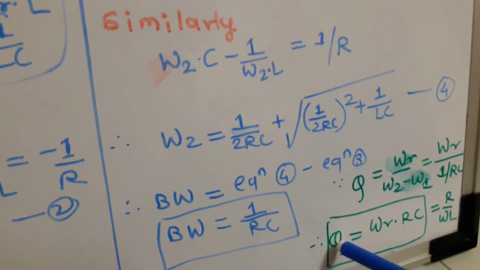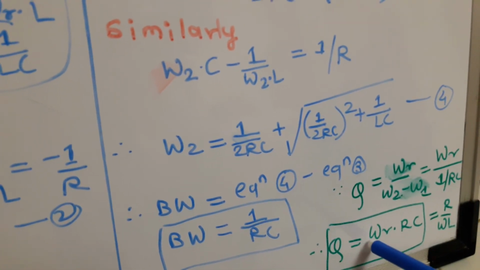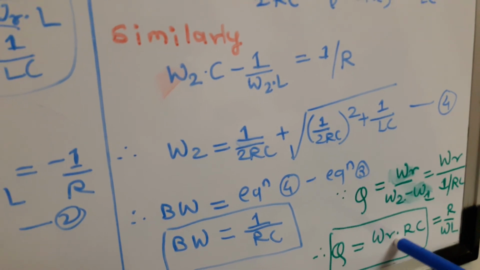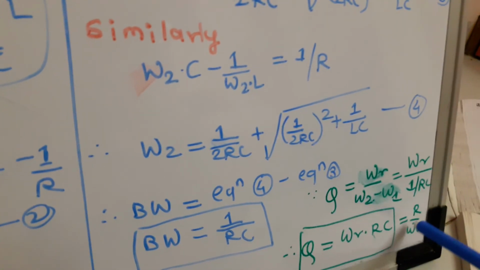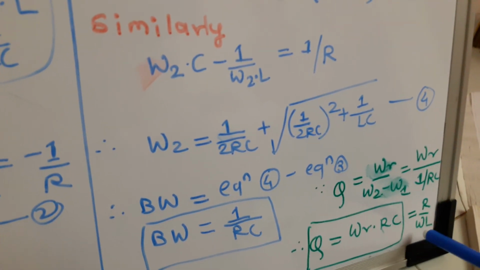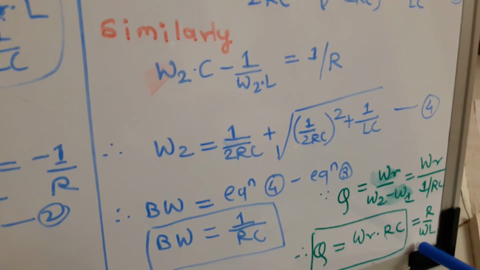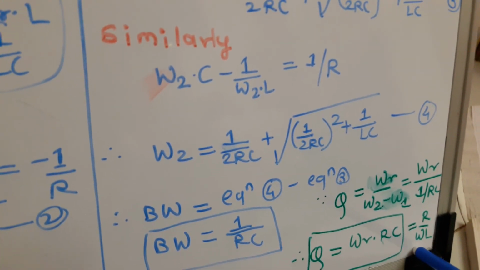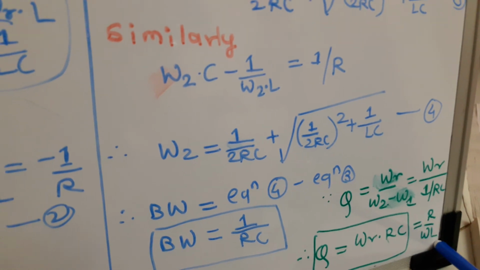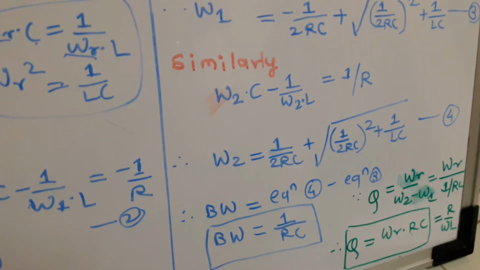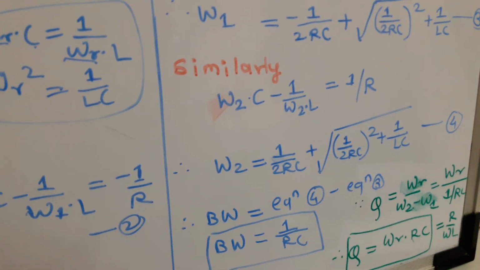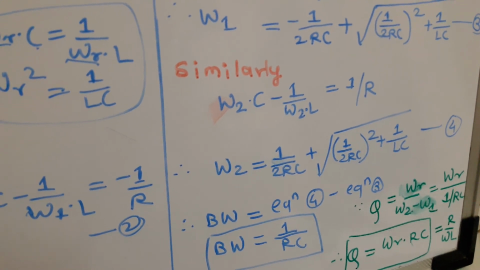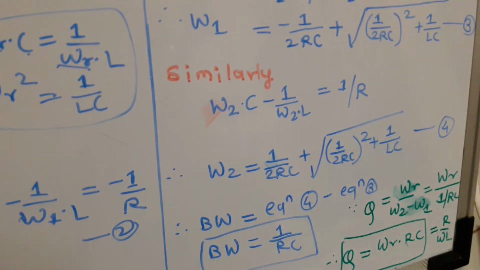So Q, that is the quality factor of the anti-resonant circuit, is equal to ωR RC. That ultimately is equal to R divided by ωL, if we consider the circuit and derive the Q expression for the inductive circuit. So in this way we can get the expressions for the quality factor and bandwidth of a parallel resonant circuit.